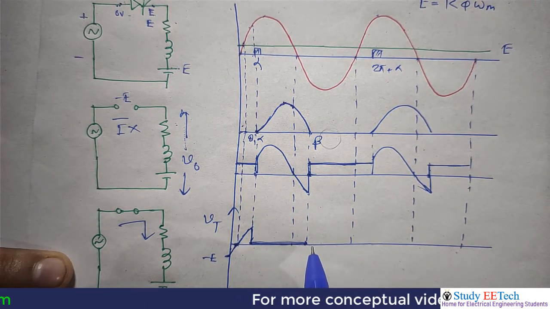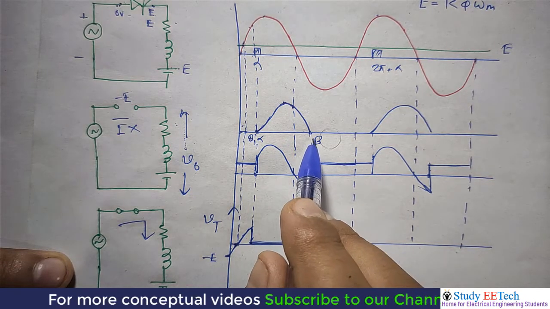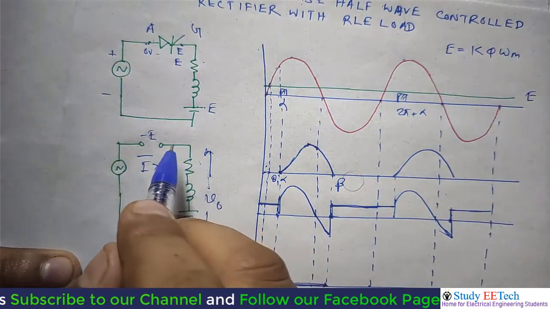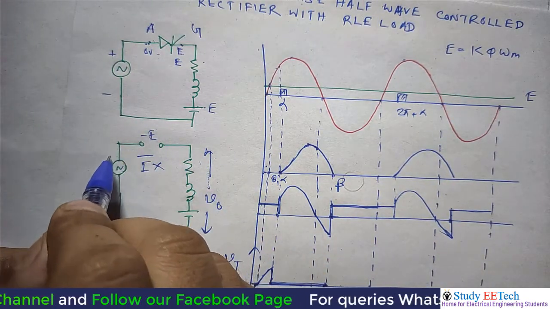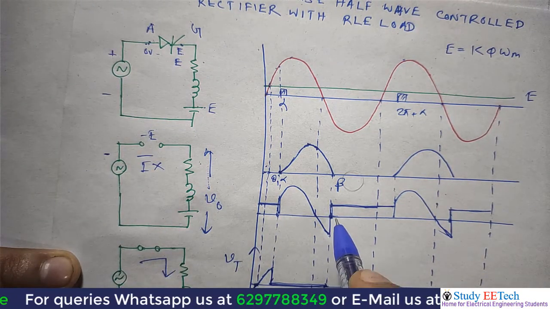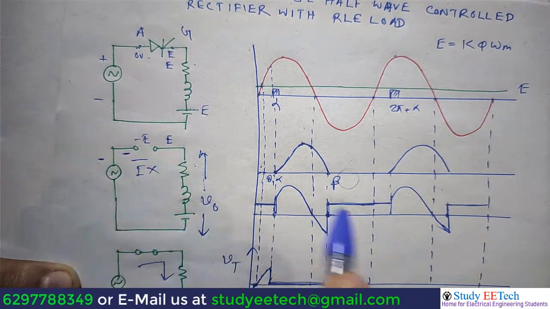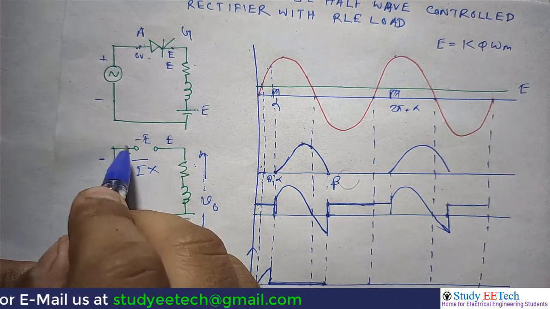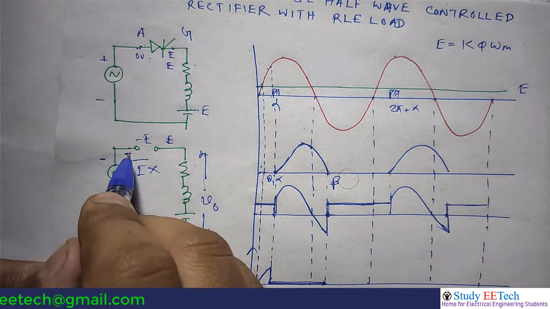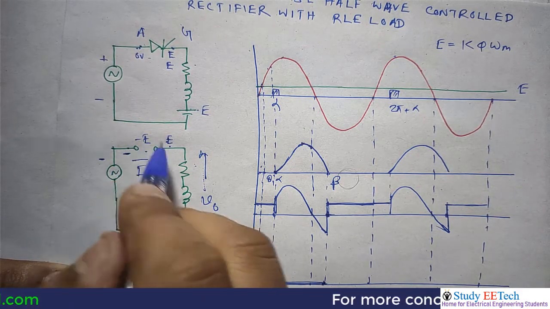Now, the moment the point beta is reached, the voltage across the thyristor has its polarity reversed. At the point beta the polarity is reversed, so we will get a negative voltage here, and here this is E. So the negative voltage at the anode, minus E, we will get ultimately on the negative side.